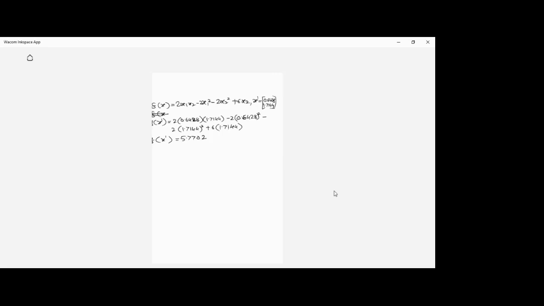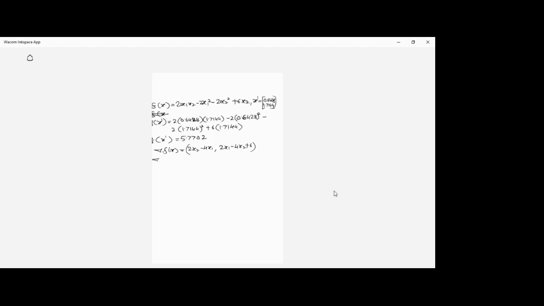So we'll have to find out the del of f of x dash, right? We know del of f of x is equal to twice of x2 minus 4x1, comma, twice of x1 minus 4x2 plus 6, right?